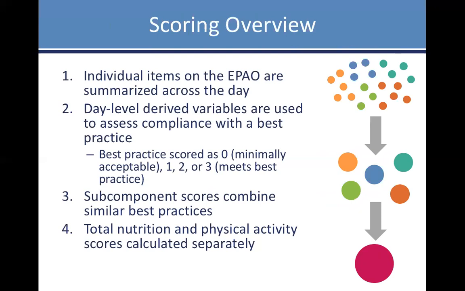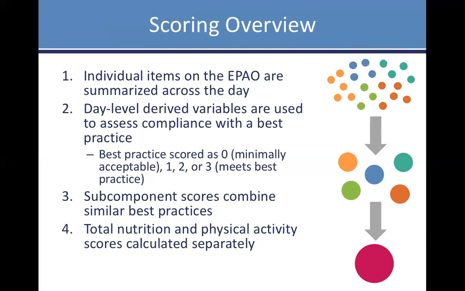So that's, it's fine, but it's not the best. And that goes up all the way to a 3, which is complying with our best practice. And each of the best practices match up with different day level derived variables. Not all of the variables on the EPAO match a best practice, but the vast majority do.